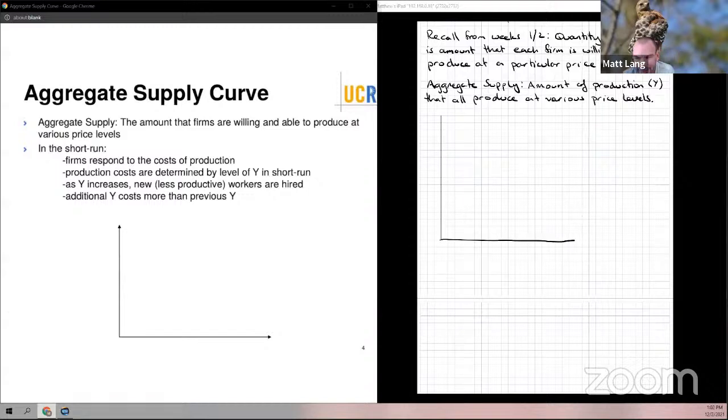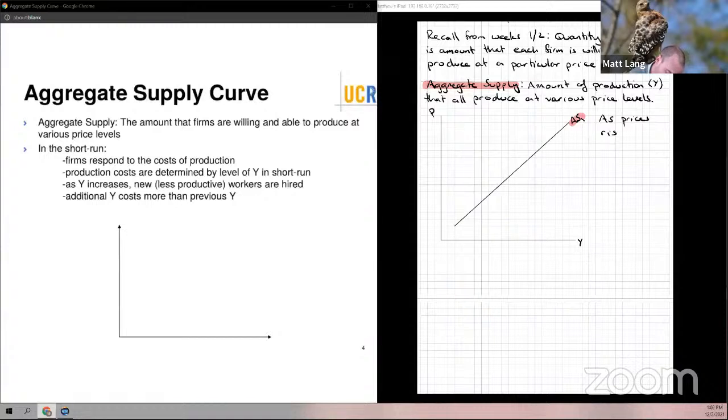This aggregate supply curve, not that it's not important, but ultimately it's going to mimic those supply curves that we've seen throughout the term. So we can think of that supply curve as just being an upward sloping curve, and we'll say aggregate supply is just that right there, AS1.